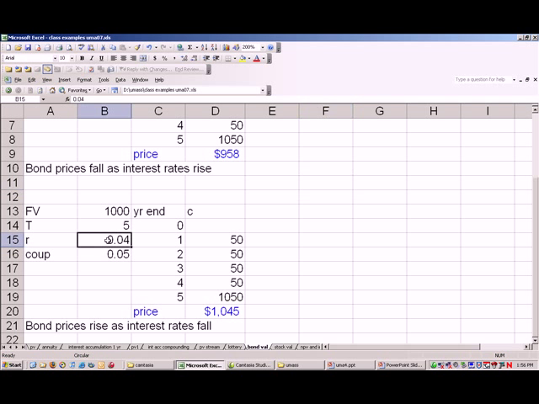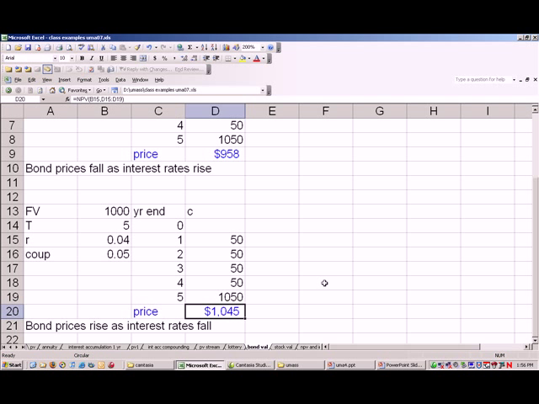So the discount rate has gone down from 5%, the original coupon rate at the time the bonds were issued, to 4% in the current period 2007. And you can see what has happened to the price of the bonds is that they've risen from the original face value price of $1,000 to a new market price of $1,045. Okay, again, a couple of interpretations might help here.